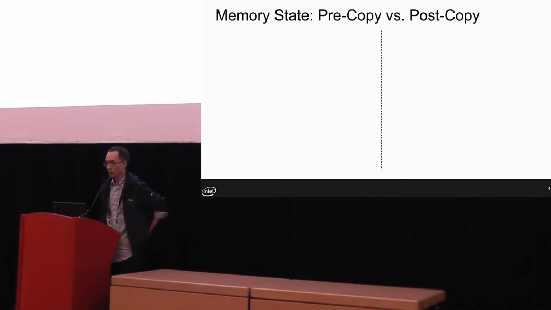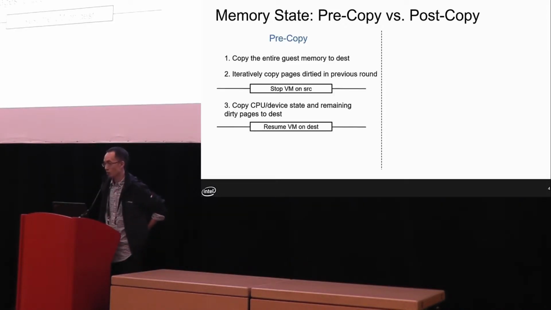When we talk about VM migration, most of you know that the memory state occupies most of the time. Today we have two approaches: one is pre-copy, the other is post-copy. Pre-copy means we copy the guest memory while the guest is still running. The entire guest memory is copied once to the target machine, and then the hypervisor iteratively copies the dirty pages to the target.